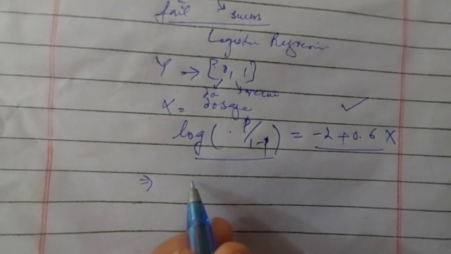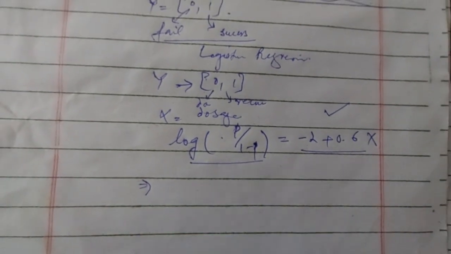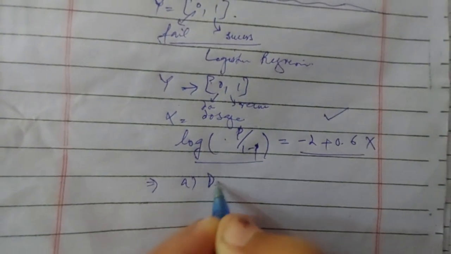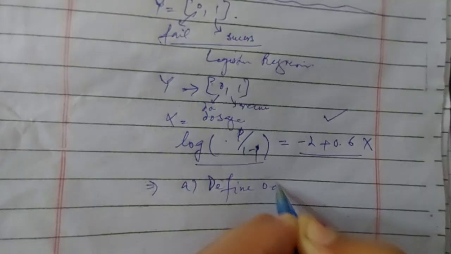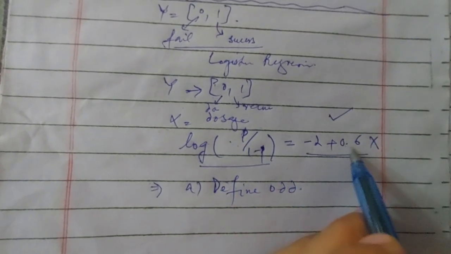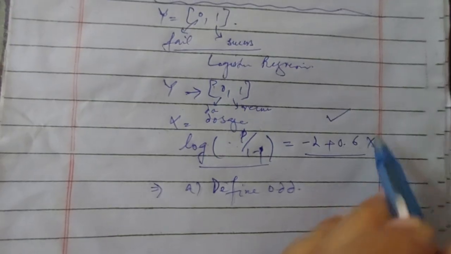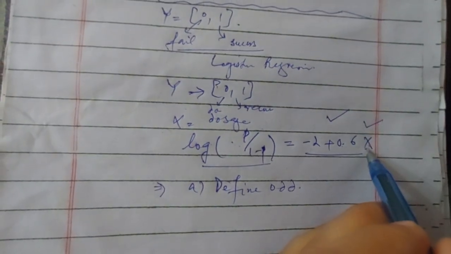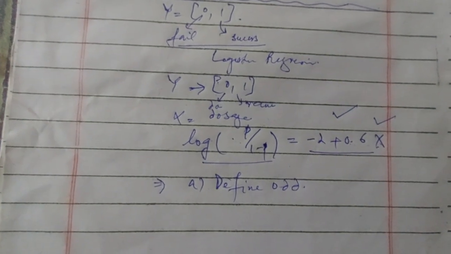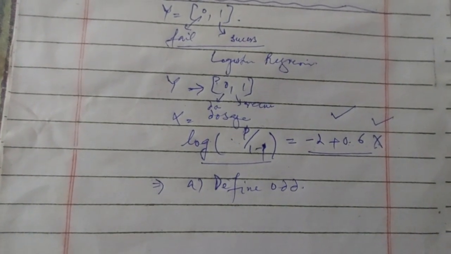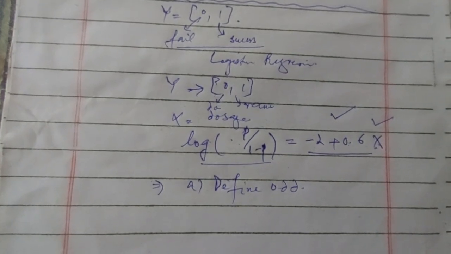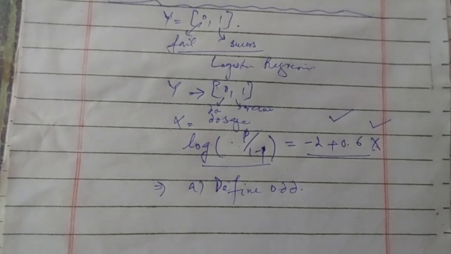So the very first thing that we are asked is to define the odds. Just define odds. So log of odds is equal to minus 2 plus 0.6 into x. For any specific value of x, we can find the probability of recovery, we can find the odds ratio, we can interpret at any level.